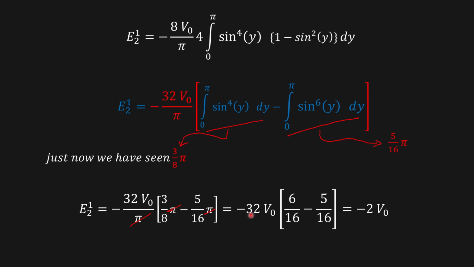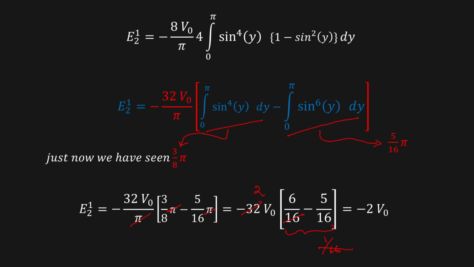So you will get minus 32 V naught times (6 over 16 minus 5 over 16), which is equal to 1 over 16, and this 16 will get cancelled with this 32, which will become 2.